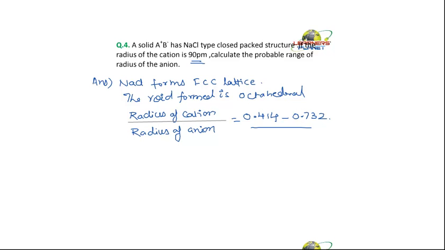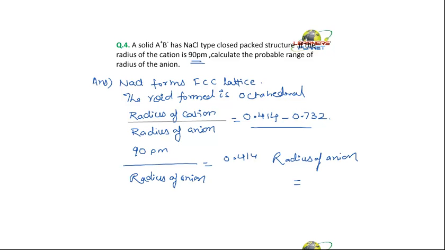We have the cation radius. So the radius of cation is 90 picometers. That divided by the radius of anion is equal to 0.414. So what will be the radius of anion? The anion radius will be equal to 90 divided by 0.414, that is equal to 217.39.